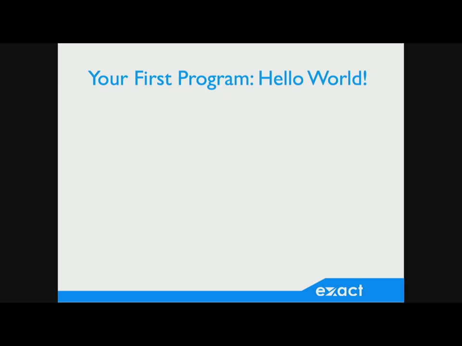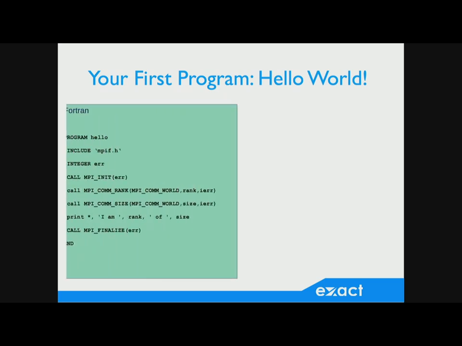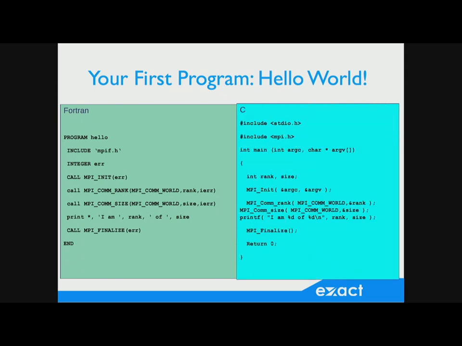As a tradition, let's start by writing hello world in MPI, in Fortran and C. Let's focus on C, even if I'm not really a big fan of the C language. In any case, you can see main, int, I define the rank and the size.